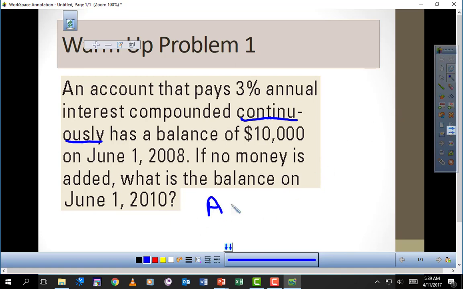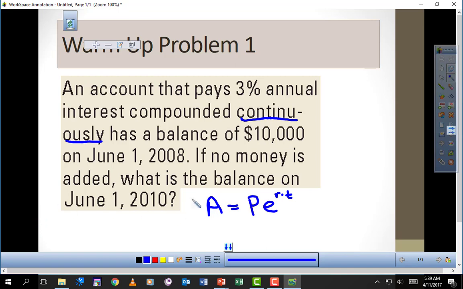The future value is equal to the principal. And anytime you have a continuous type situation, the application calls for the natural base, which is base e raised to the r times t. So basically all you need to do is plug these numbers in, and we'll find out what happens.